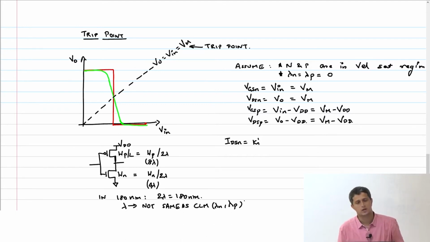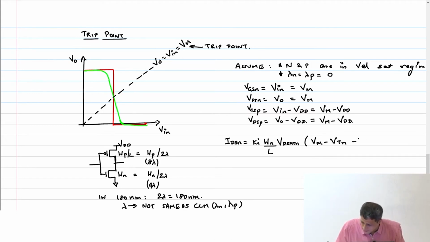Okay, now let's come back to the equation. IDSN is Kn prime Wn by L into Vd sat n, right? What is VGSN? Vm minus Vt n minus Vd sat n by 2.